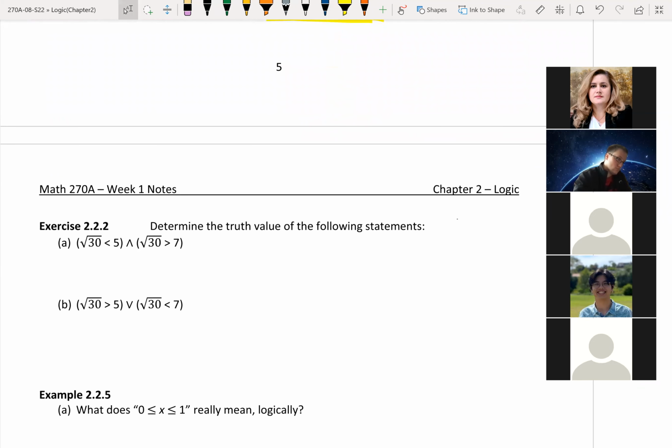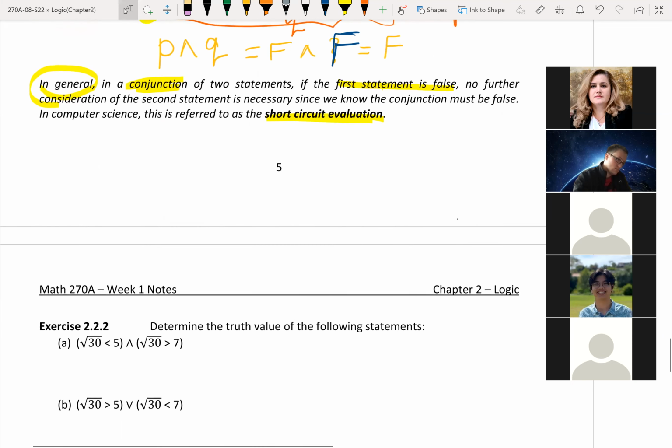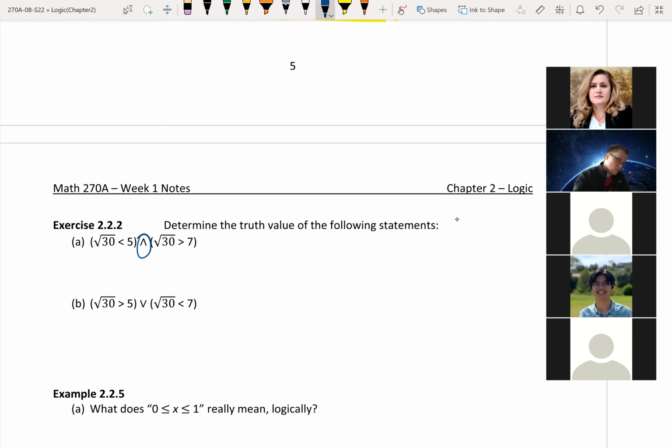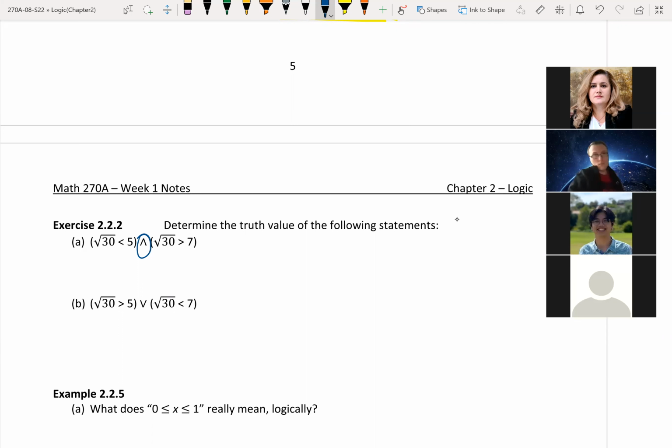So for a few numbers, I want to use that short circuit evaluation. Because I have an "and" statement, is there any of these two statements false? The second one is false.